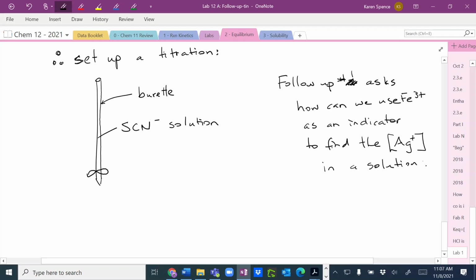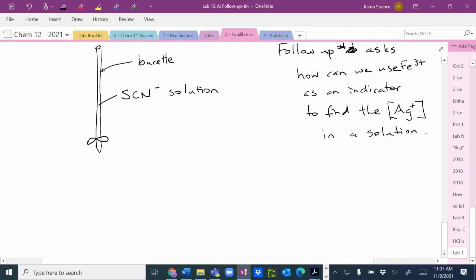So we're going to have a solution that contains some concentration of Ag+. Yes? What do we put underneath the burette?